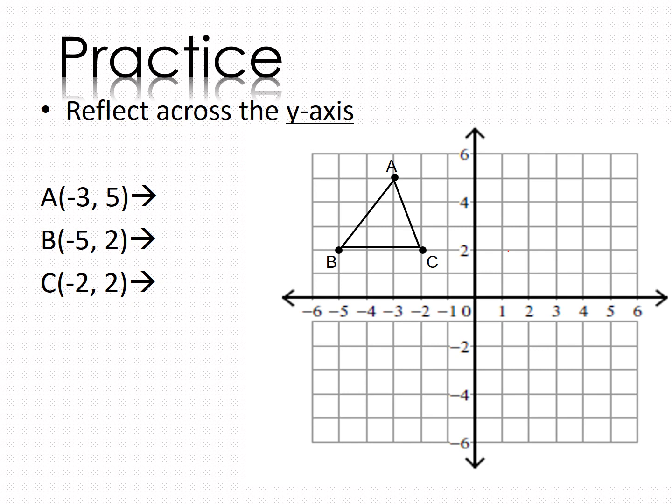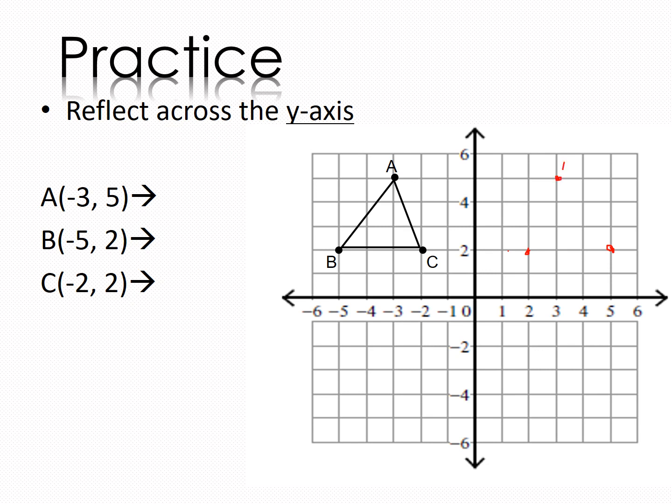So C is at -2, 2, so C prime is going to be at 2, 2. B is at -5, 2, so it's going to be +5, 2 for B prime. And A is at -3, 5, so it's going to be +3, 5.